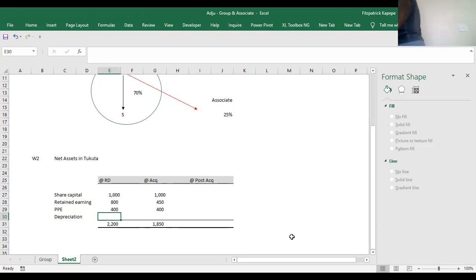The excess fair value of equipment, how much? 40. Is it 40? The excess fair value of equipment, 10 years.